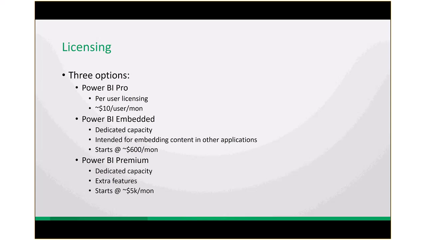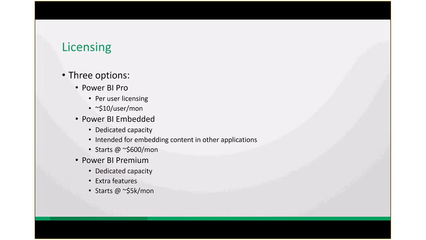Three key options here for Power BI. You've got your standard Pro license. This is a per user license, so everyone that needs a Pro license pays essentially the retail price, which is $10 a user a month. A lot of organizations layer these in with their Office 365 subscription, and if you get the full E5 from Microsoft, Power BI Pro is included, in which case your costs usually come down substantially as well.